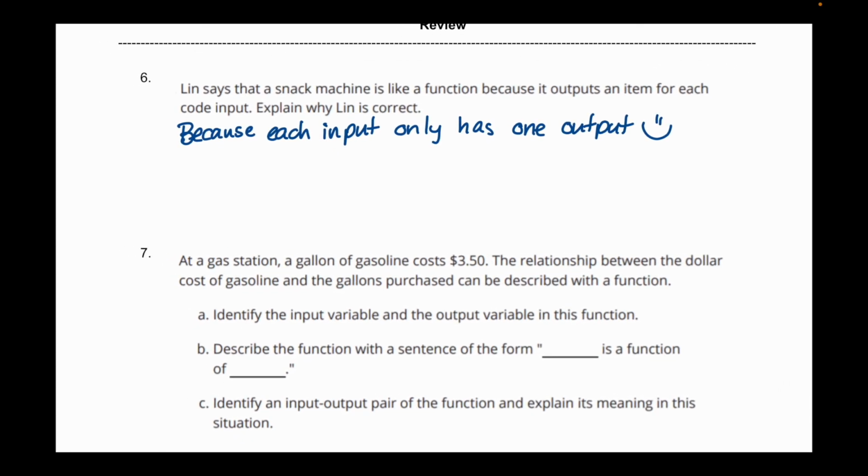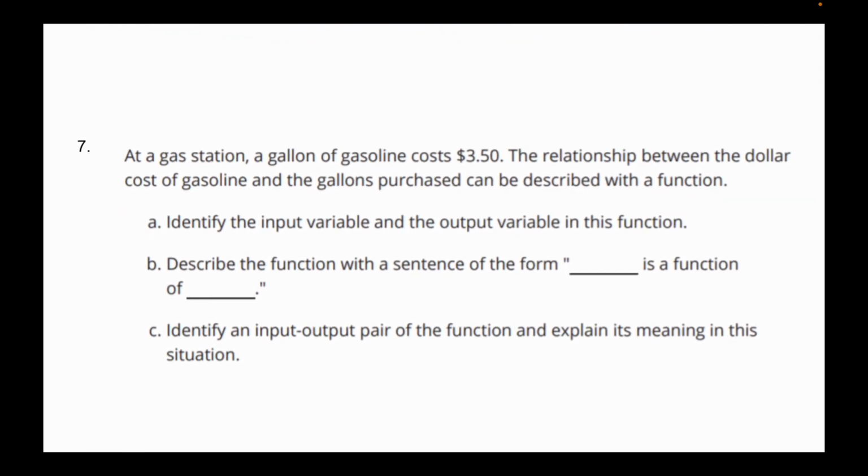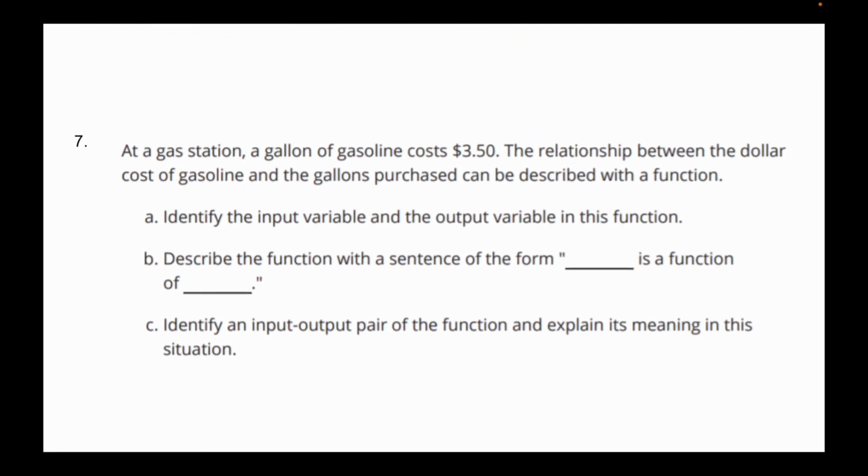For question 7, we have a gas station problem. Okay, so at a gas station, a gallon of gasoline costs $3.50, and the relationship between the dollar cost and the gallons purchased is described with a function. So we want to identify the input and the output. Well, we then want to describe blank is a function of blank and identify an input-output situation pair and what it means.